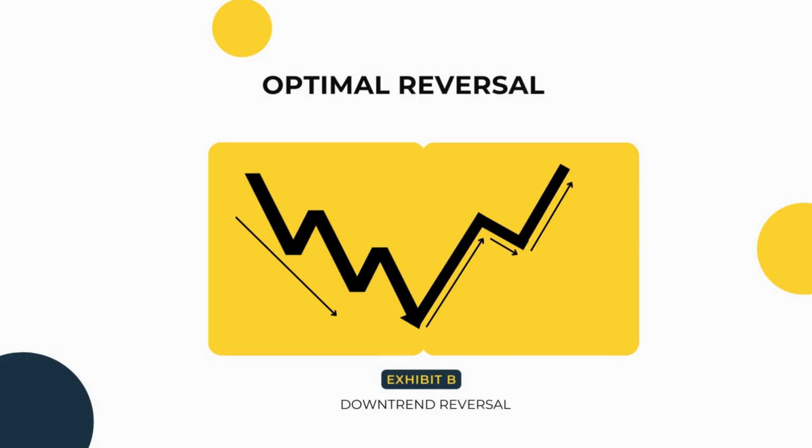Exhibit B is a downtrend reversal example. First, price is moving down, then up, price pulls back, then pushes up again.